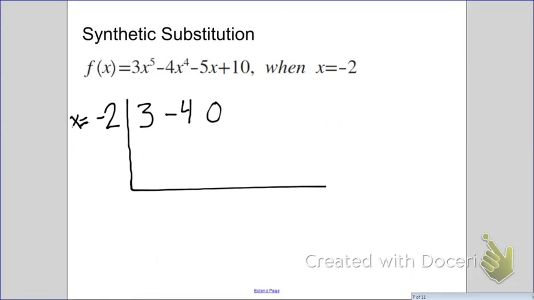Power of 2, I don't see it, 0. Power of 1, that's the -5. Power of nothing, that'd be the 10. Again, we're looking at the numbers in front of each of these things: power of 5, 4, 3, 2, 1, 0.